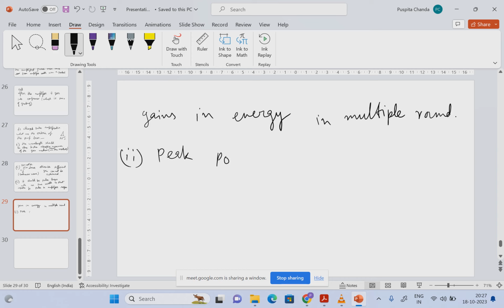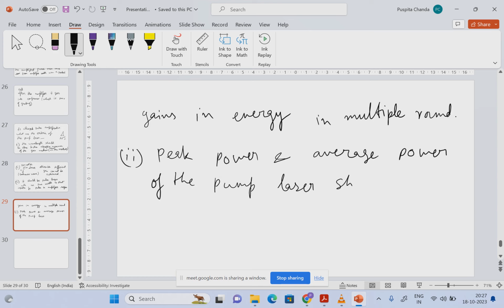And most importantly, peak power and average power of the pump laser should lie below the damage ratio.